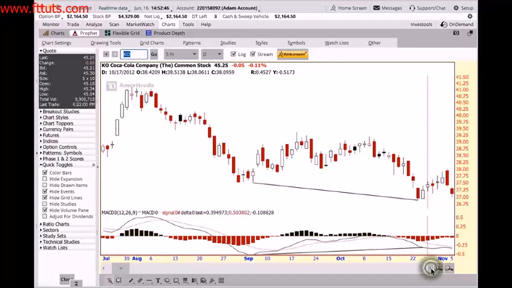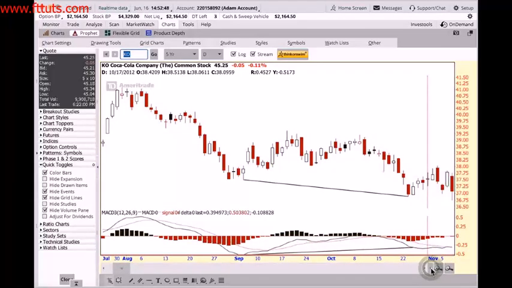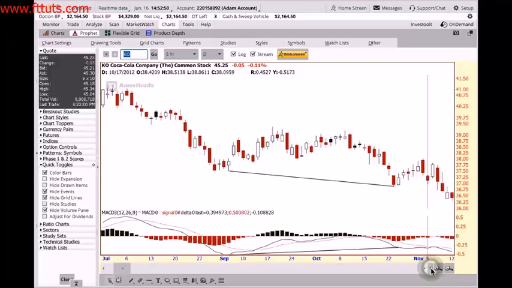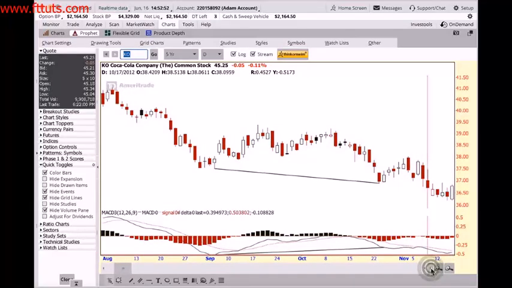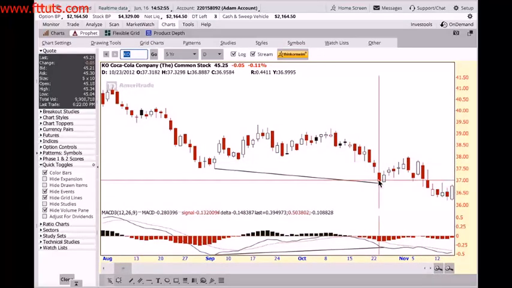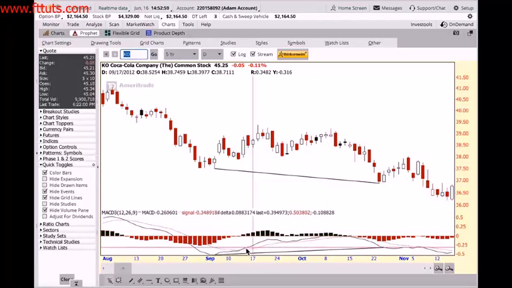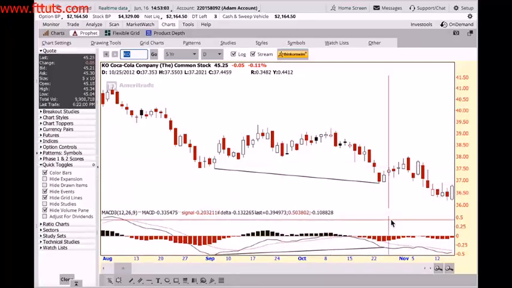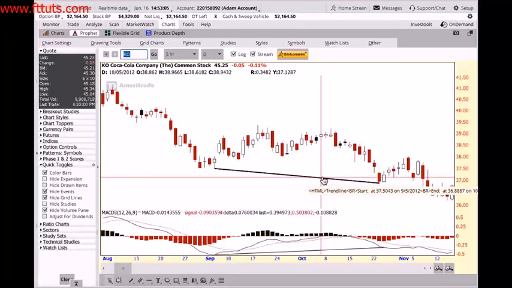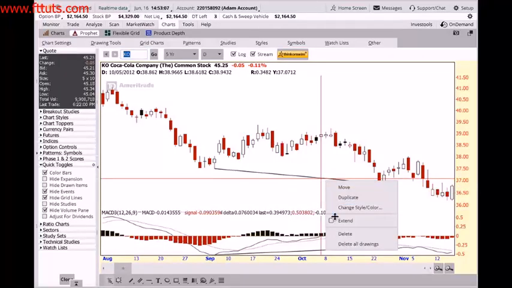I'm looking for another pattern to emerge. Right now, price has made another low, and the MACD has also made another low. Let me see if I can find another pattern over here.